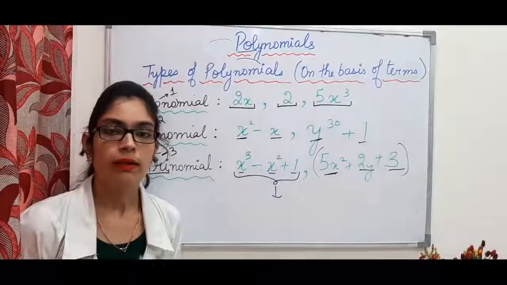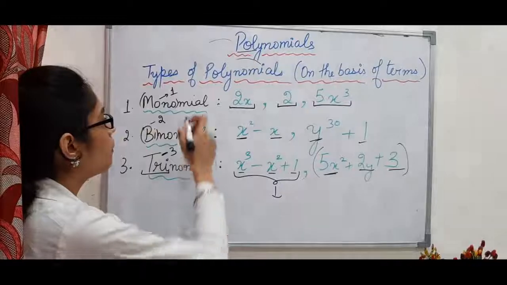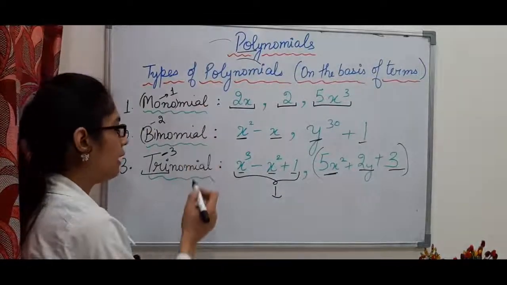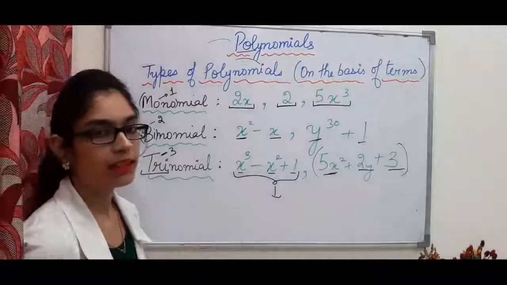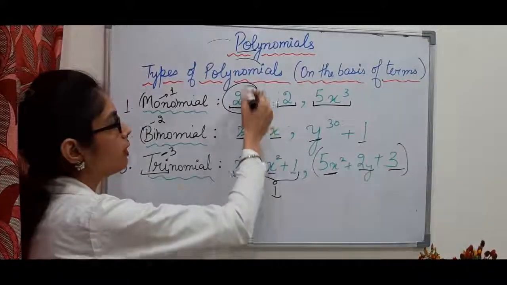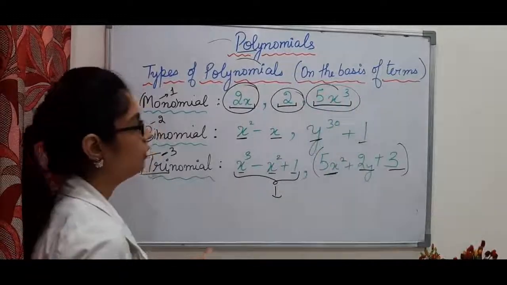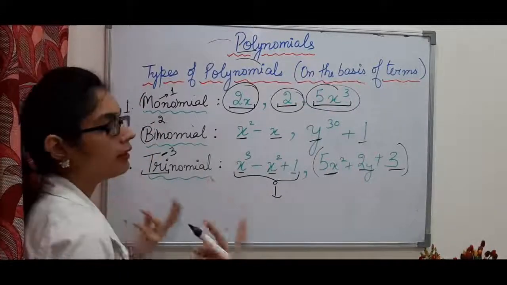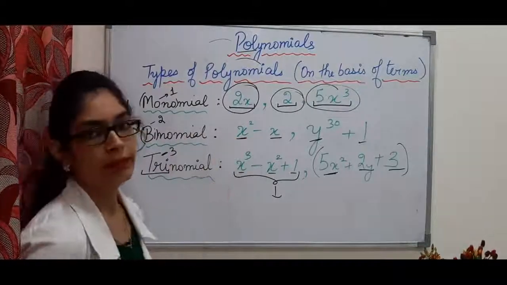So based on number of terms, we have 3 types: monomial, binomial and trinomial. Monomial is not a polynomial, it is when only a single term is there. Binomial and trinomial are polynomials with 2 terms and 3 terms respectively.